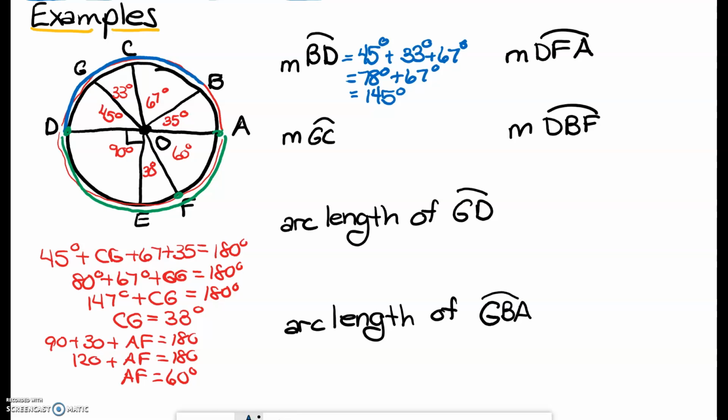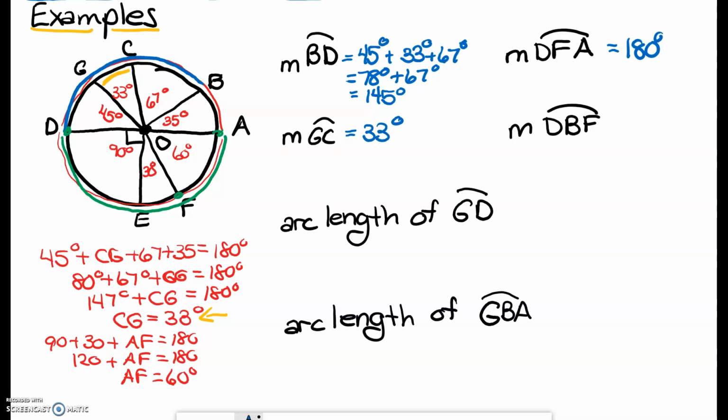So I know its measure is going to be 180 degrees. How about arc GC? Well, we have arc GC right here, and we've already calculated its value. We calculated it right here. So we can say this is 33 degrees.